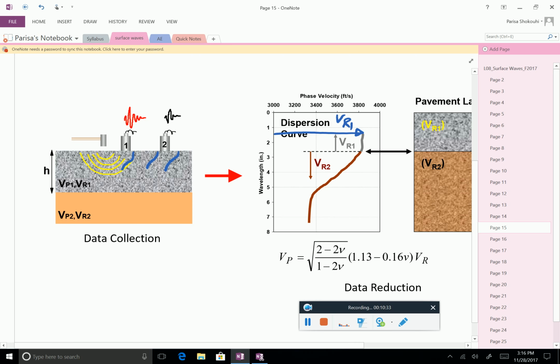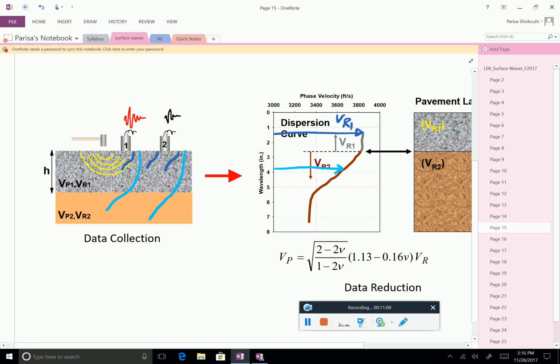If we look at, let's say, this point here, the wavelength has become like this. It's a smaller frequency, larger wavelength. So it's propagating through both materials. So the phase velocity becomes a combination of the first layer and the second layer.